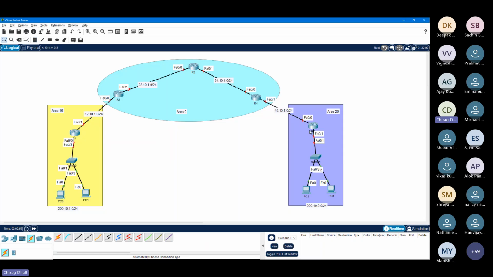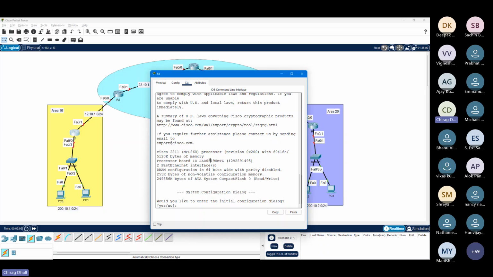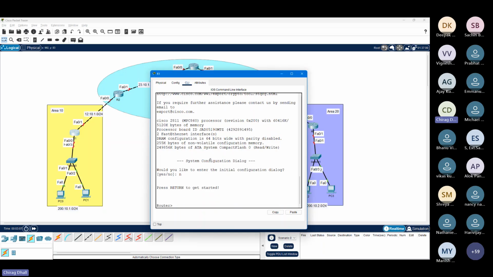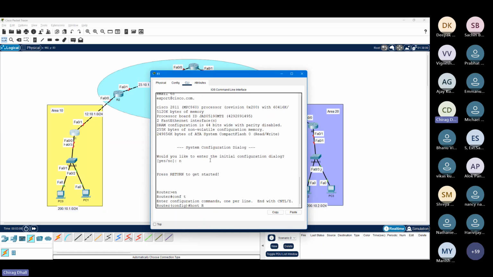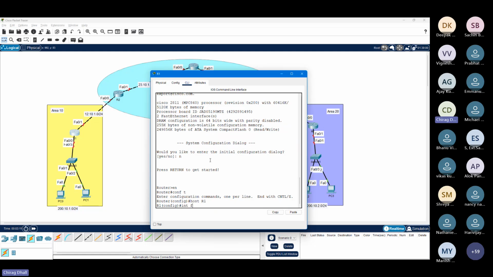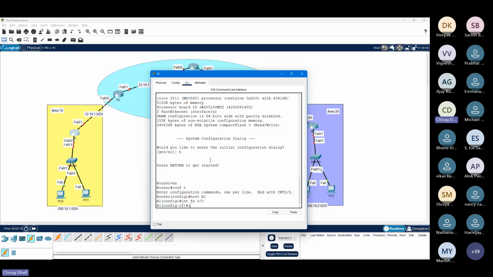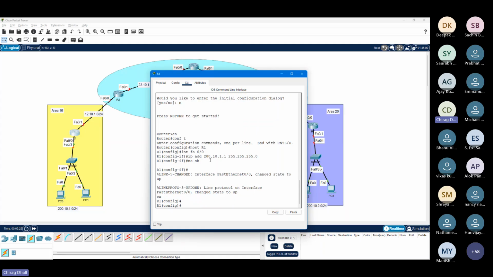Let's first of all put the IP configuration on all these devices. So I'll get started from router number 1. CLI, say no to the question, enable, config t, hostname R1. On the interface Fa0/0, I will configure the IP as 210.1.1.1. No shutdown, exit.